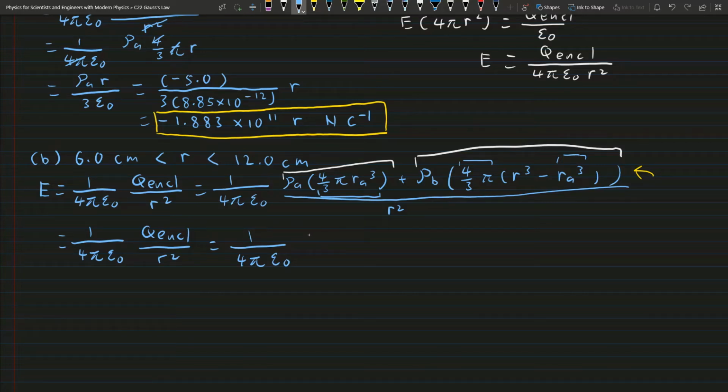We will get this is rho A minus rho B, and for the 3 pi pi R square, and plus rho B for 3 pi R cube.